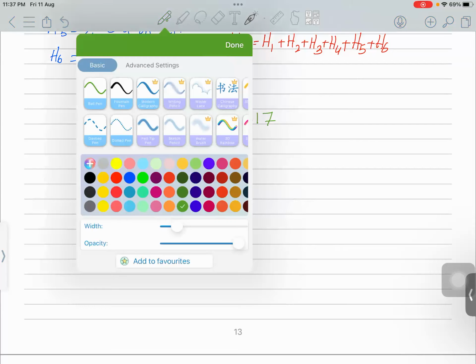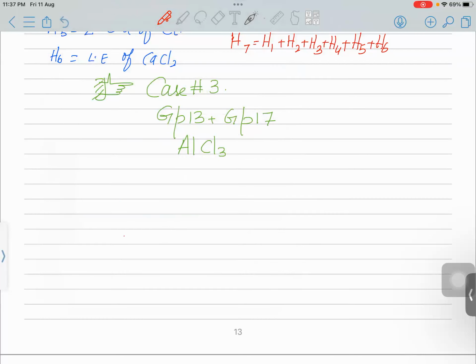Yes, sir. So aluminium solid would be converted to aluminium gas. Then ionize, remove one electron to form Al+ gaseous.